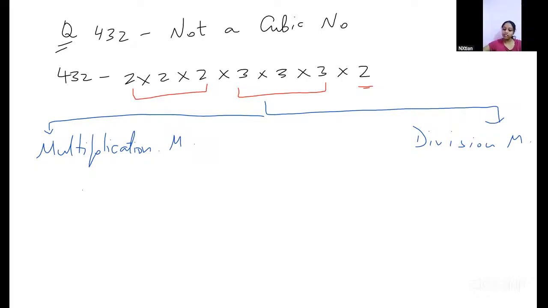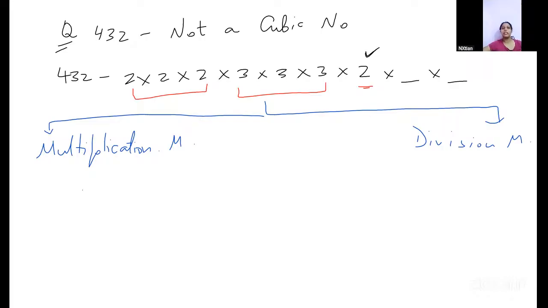Now, how many 2s do we need for it to become a triplet? Two more 2s, right? We need 2 more 2s for this left 2 to become a triplet.